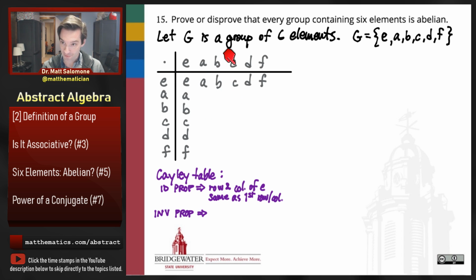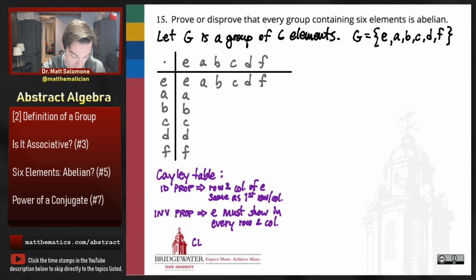Same thing on the column of C. The identity element has to be somewhere in the column of C as well. So E must show up in every row and every column. There can't be a column that doesn't have the identity element in it, right? Because if there were, that would mean that there's no way to turn a certain element into the identity by multiplying it by its inverse.